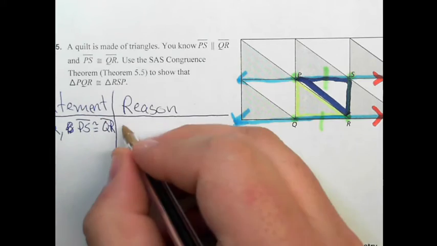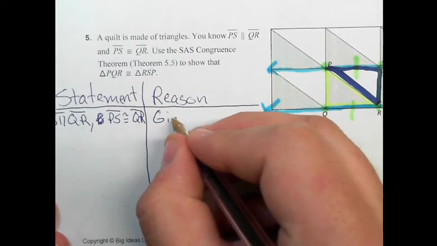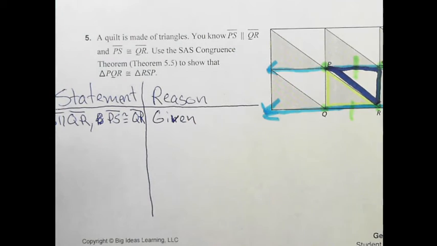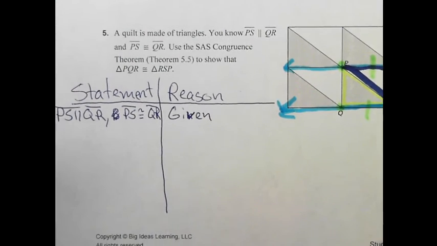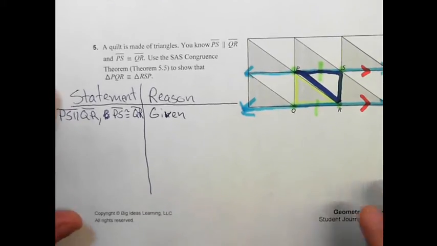Slide it off the page a little bit. Oh, sorry. And that's given. Okay, that's given. Sorry about my handwriting there. All right, let me adjust this a little bit so you guys can see it a little better.